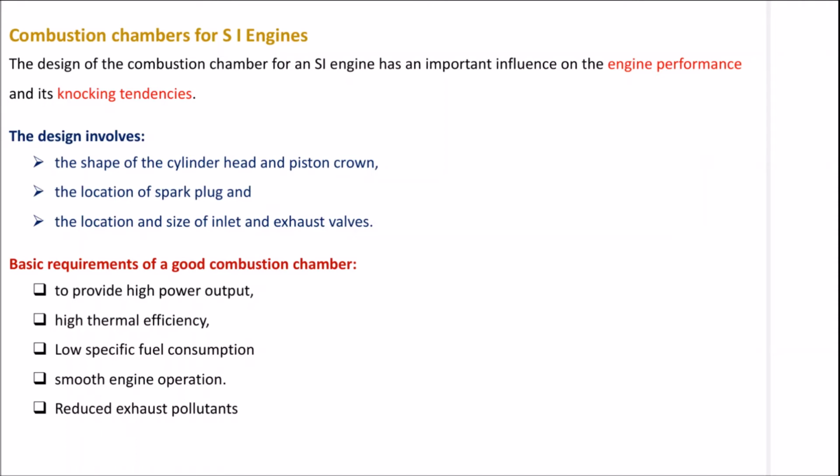Because one should always want an SI engine having a high thermal efficiency as well as high power output, low SFC. Okay, specific fuel consumption should be low, means fuel consumption per unit power should be low.